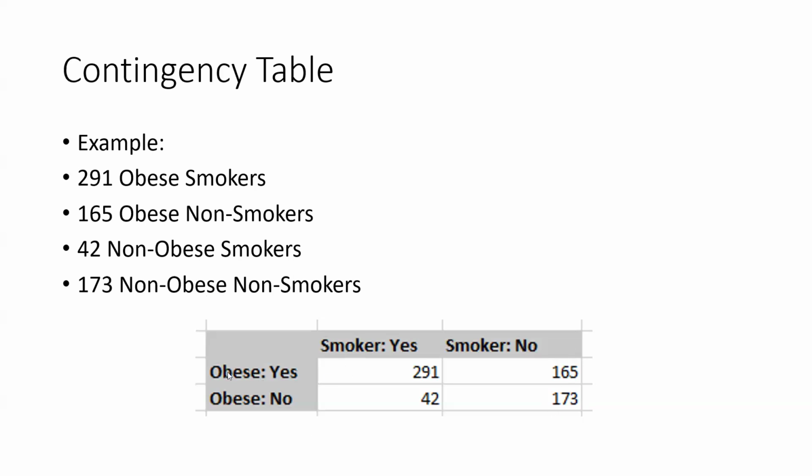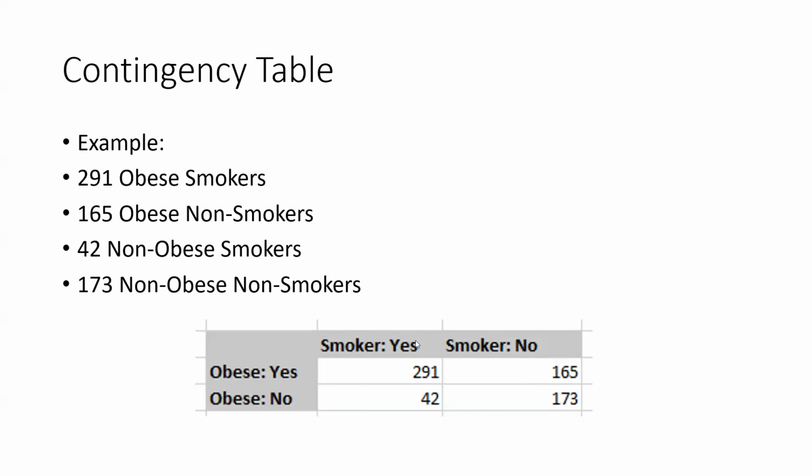As you can see from the breakdown of how this matrix is structured, our binary categories are on the variable columns and the rows.